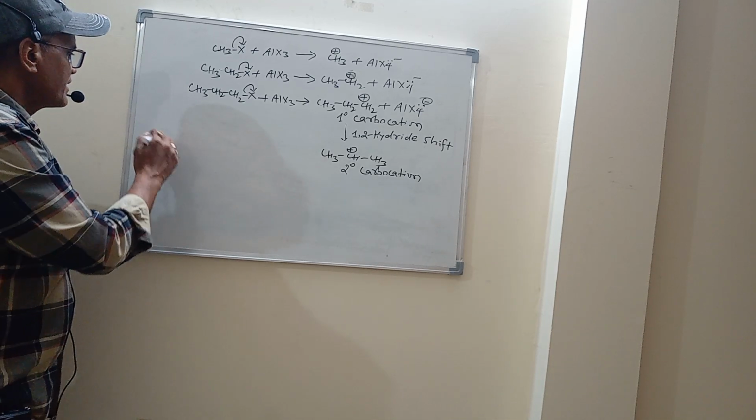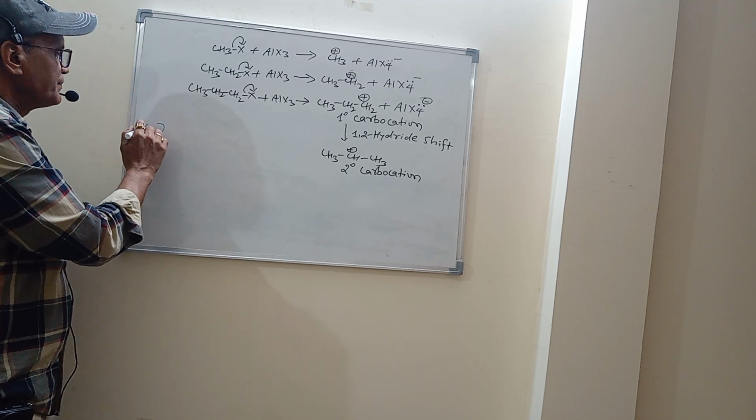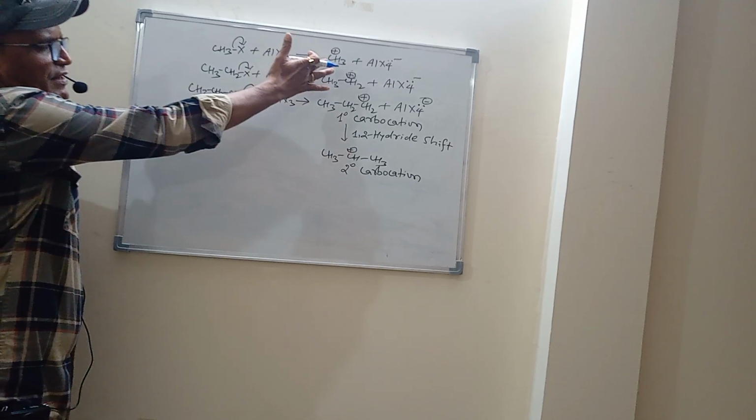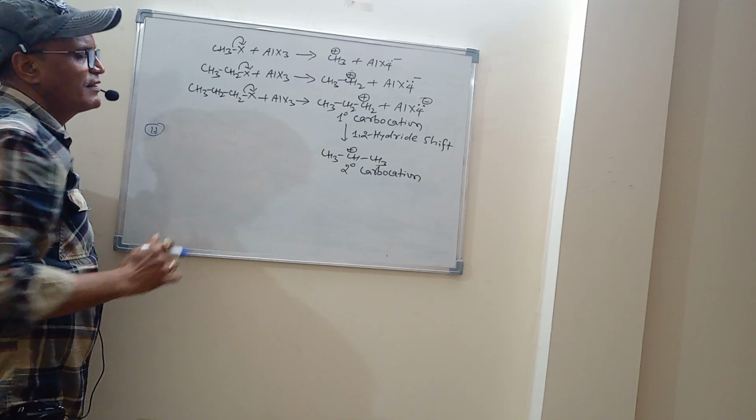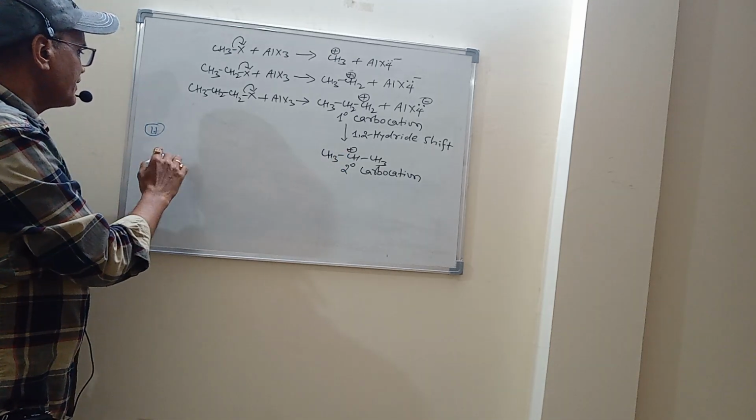So in the second stage, this R+, this electrophile, either methylium ion or ethyl carbocation, will target the benzene ring.